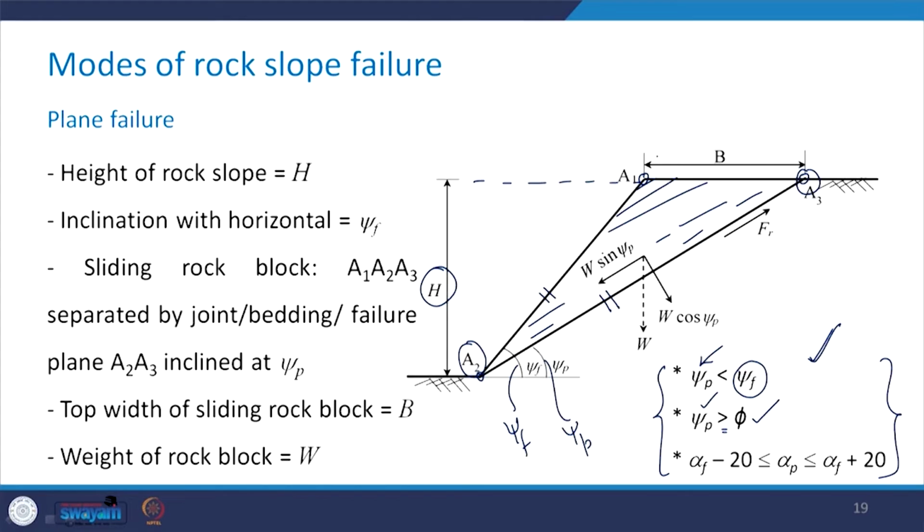The top width, that is this much width of the sliding block, is represented by B, and the weight of this sliding rock block is W.